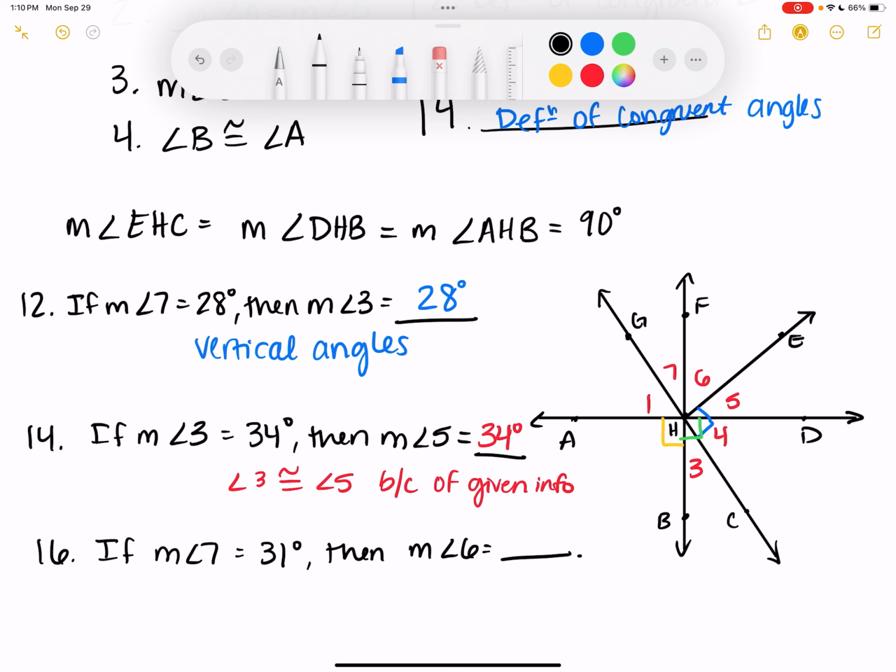Any ideas? 7 and 6 seem to be a right angle. So we're not told that. So unless we're specifically told that, we can't assume because the pictures aren't always proportionate. Okay.